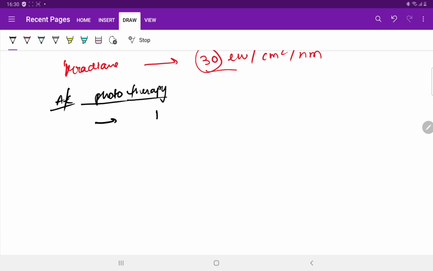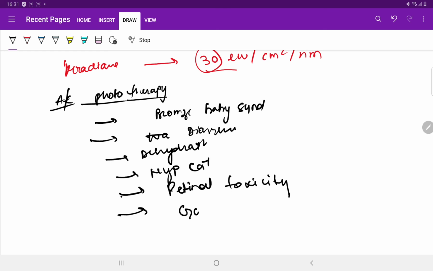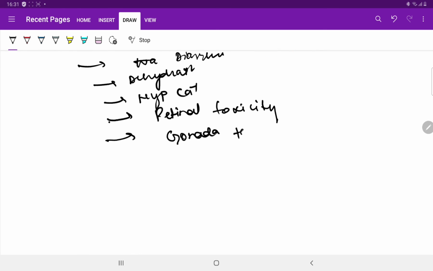Adverse effects include bronze baby syndrome, diarrhea, dehydration, hypocalcemia, retinal toxicity, and gonadal toxicity.